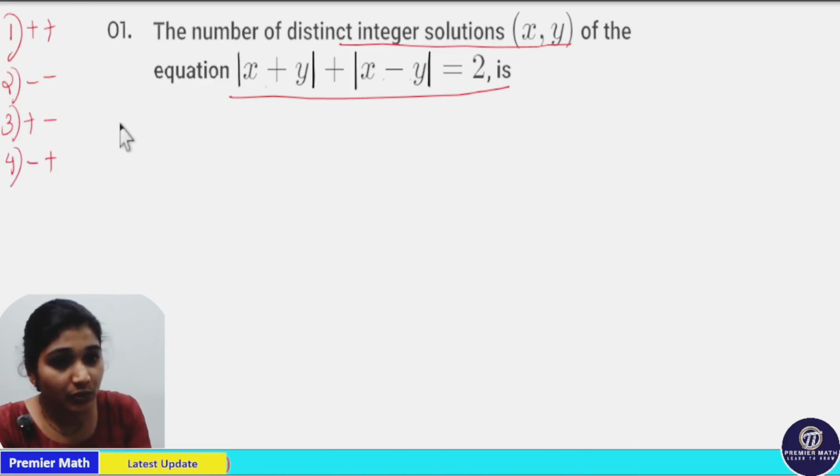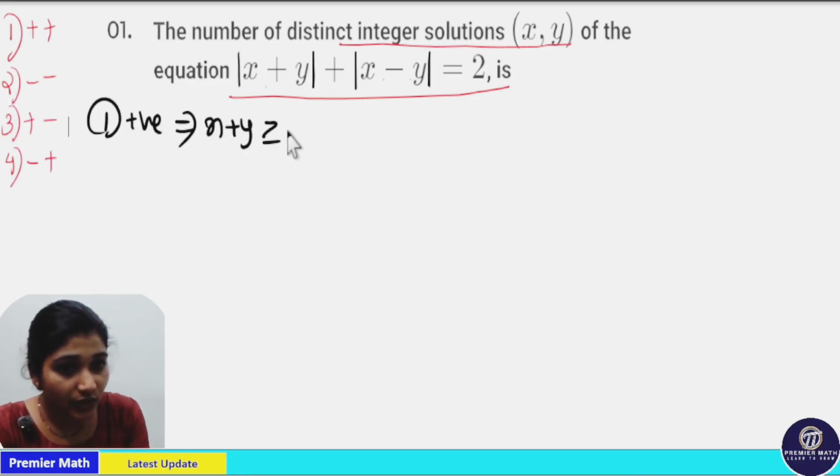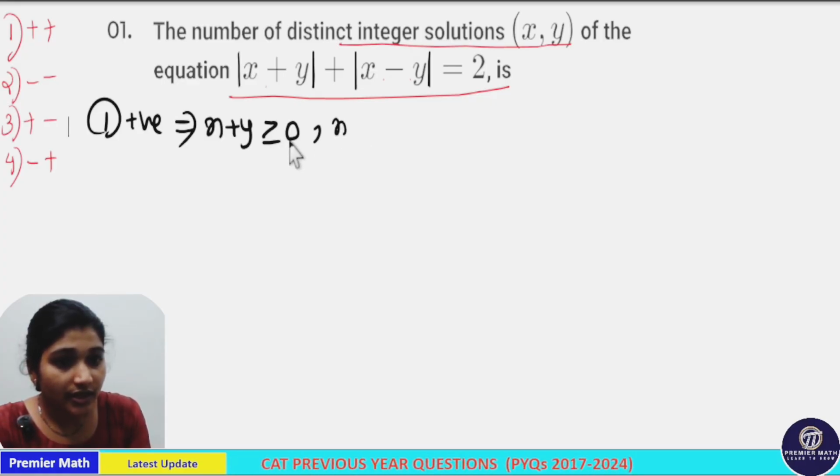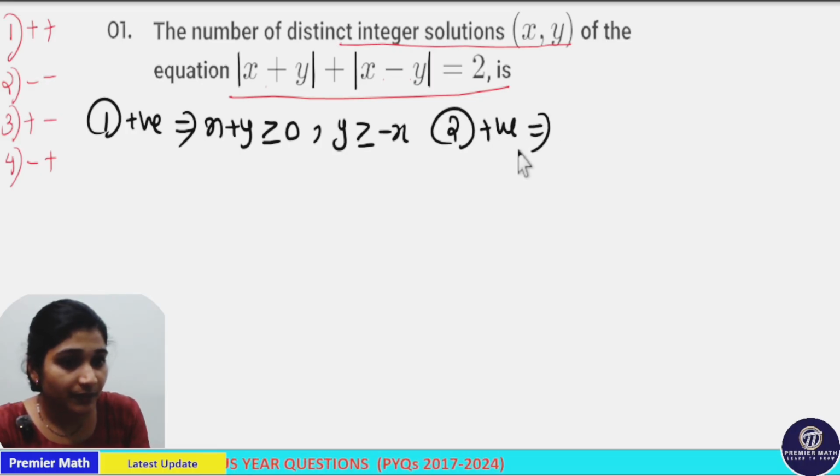If both the inputs are positive, first one positive means x + y >= 0. Then x should be greater than or equal to -y, or we can assume y >= -x. Now, second one is positive, means x - y >= 0.